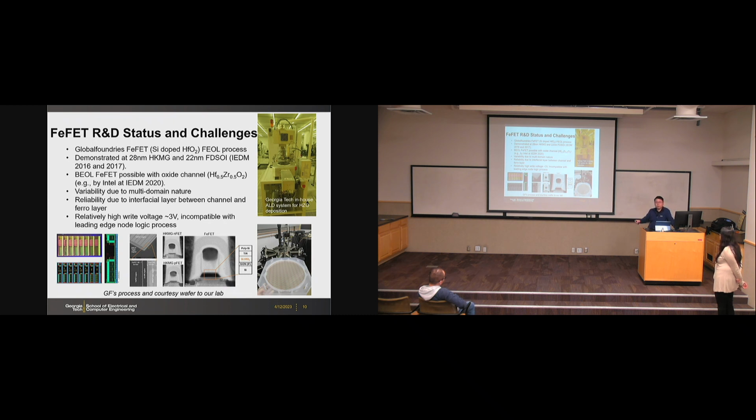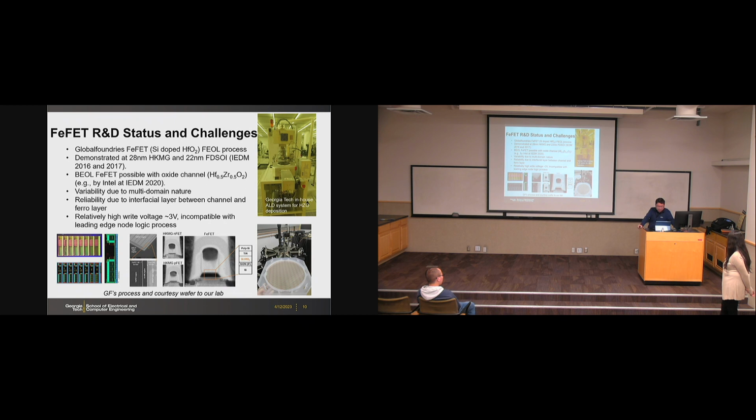They try to improve the endurance. I think Intel reported 10 to the power 12 cycles, but they sacrifice the retention. So their retention is only a few seconds or maybe minutes. But for the cache, you update the data anyway. So they just want to have an L4 cache on top of your regular L3 SRAM cache. You have a large capacity L4 cache. So you have different engineering targets.